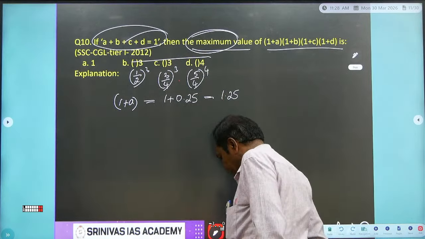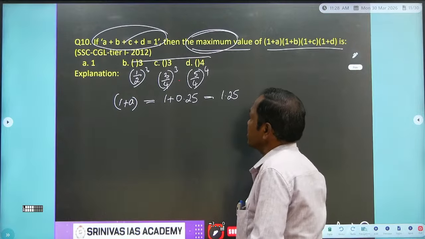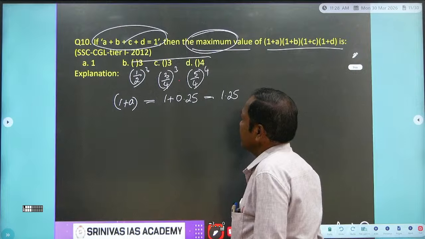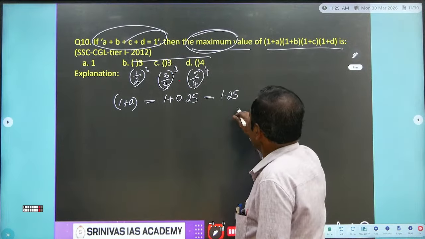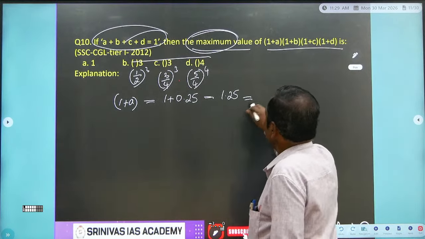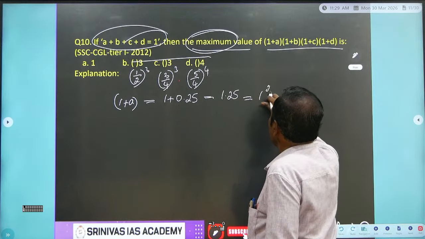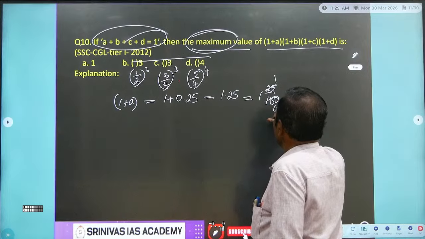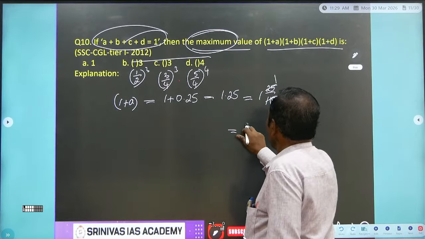Those who are online, correct the equation because you are unable to copy from the question. Now we can take 1.25, which means 125 by 100, and 25 fours are 5 by 4.